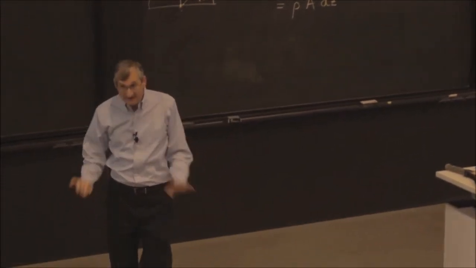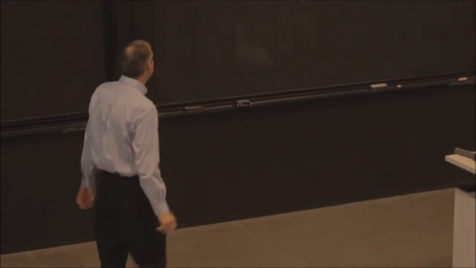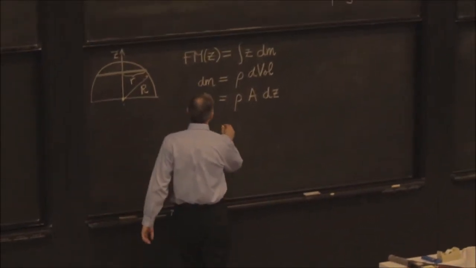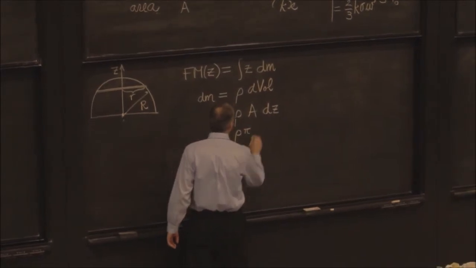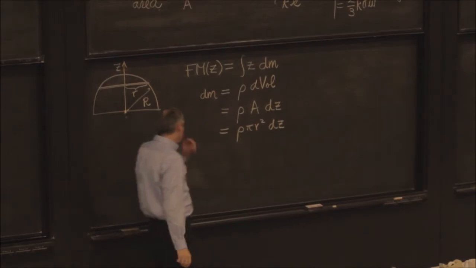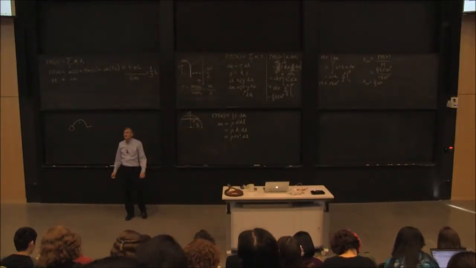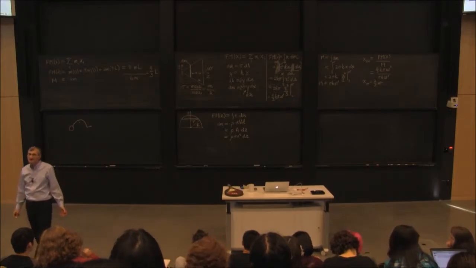But the area, at least if I can use r, is pretty straightforward, right? So I need rho pi r squared dz. The problem is I now need to know what r is as a function of z.